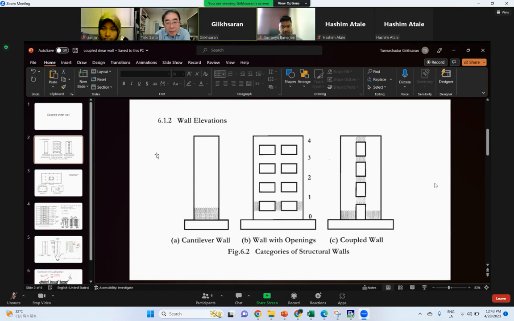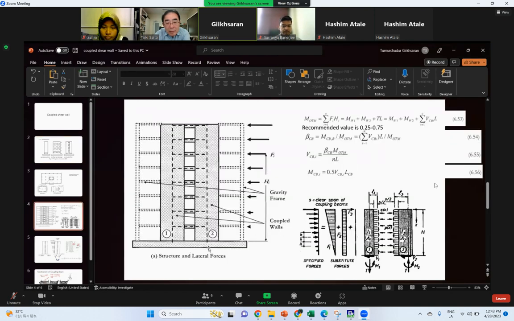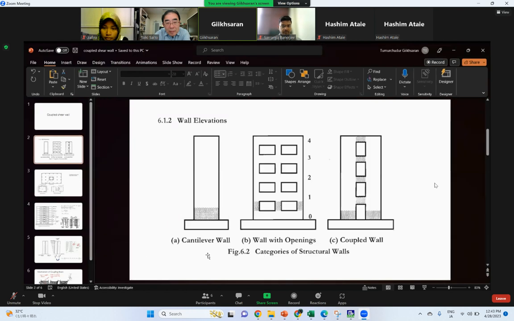There are three main categories of structural walls. First of all, A is the cantilever wall. It is suitable for seismic resistance.